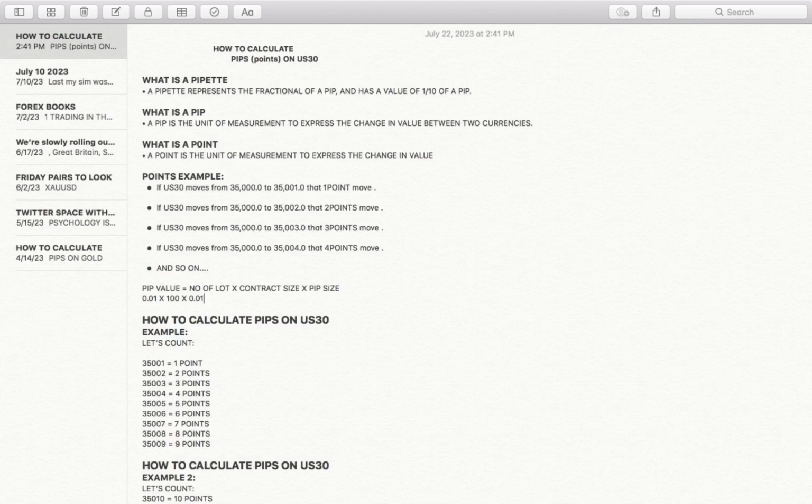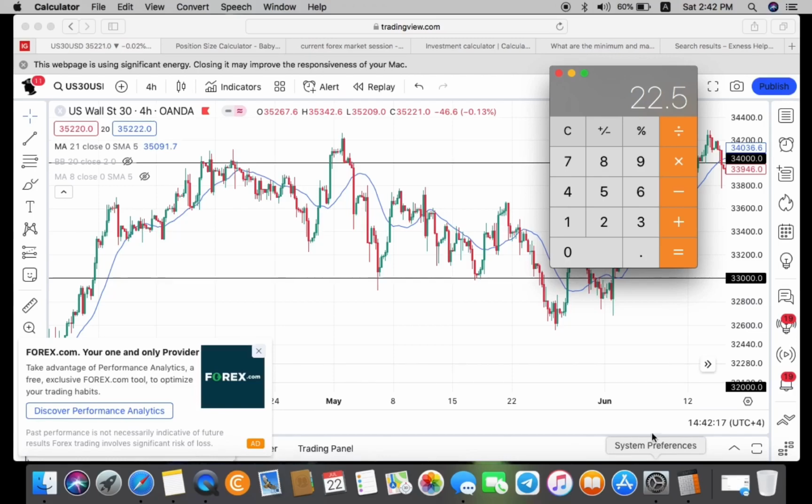So if you check this, this will also give us 0.01.